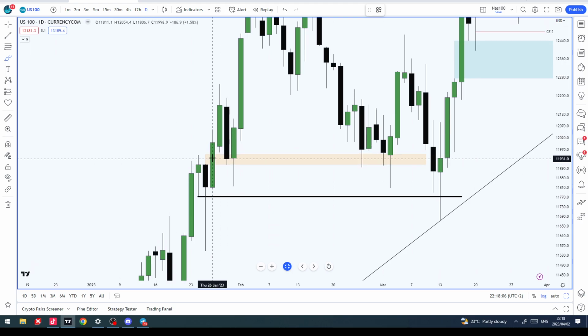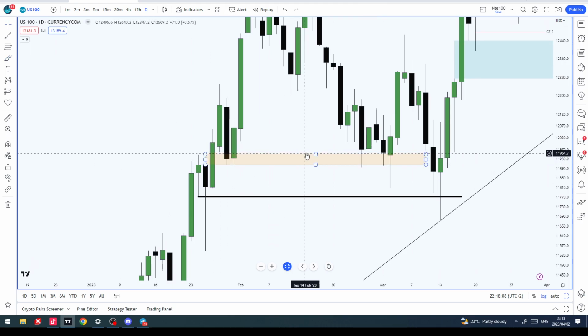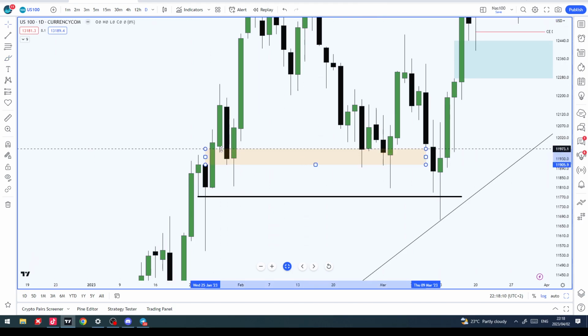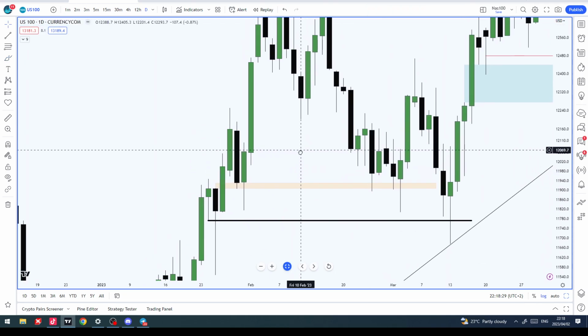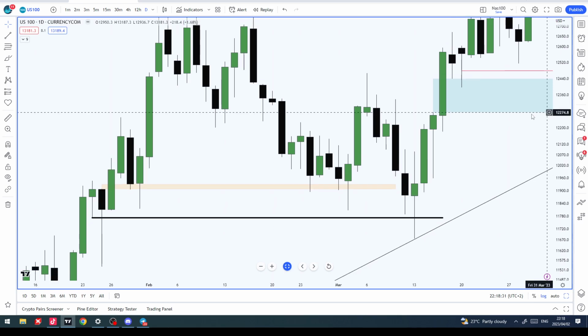Inside here, and this is on a daily, between here and here, these two candles, is one long green candle with no bodies in between, right? Price may have come down here, may have come down here. There's no full of any bodies within that candle, so we can call it an imbalance in price.